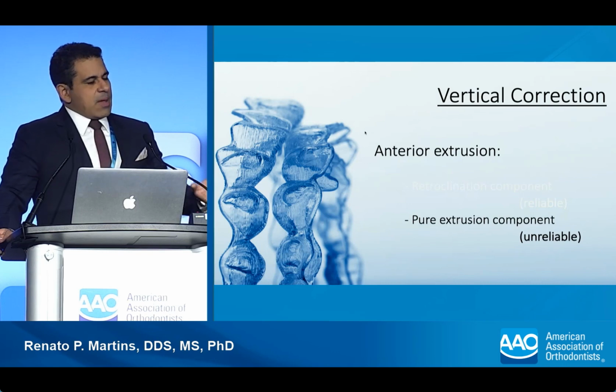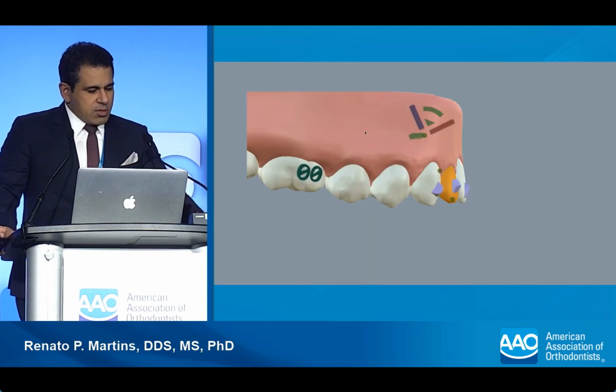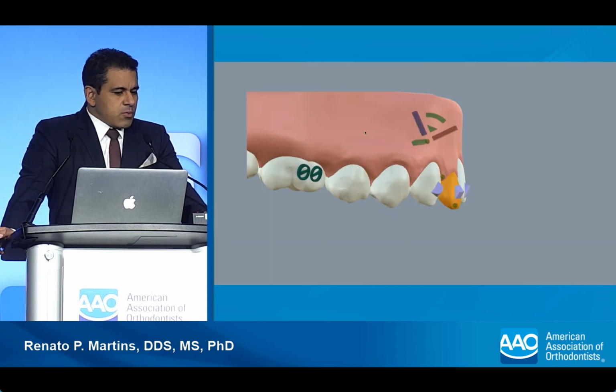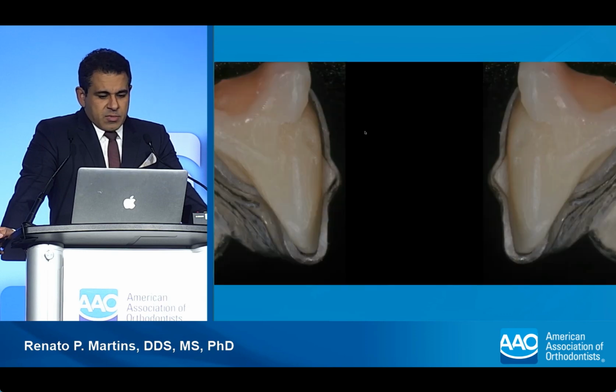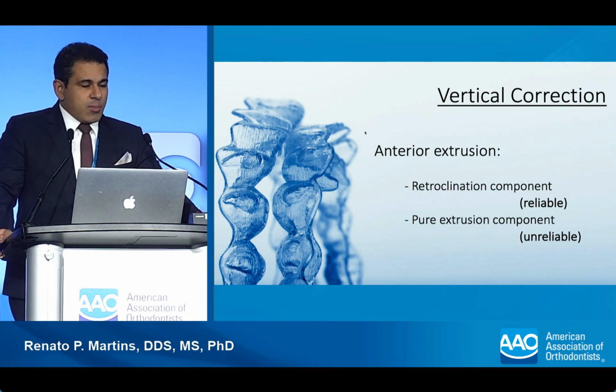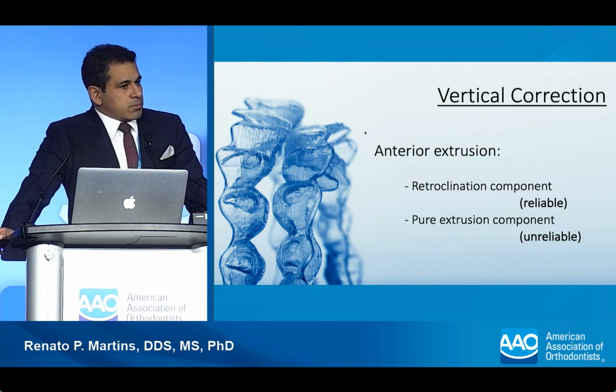And we need to separate it from pure extrusion, which is unreliable. So pure extrusion is very unreliable to get with aligners. And it's difficult because of the reasons I told you: attachment, direction of force, and the flexibility of the aligners. So you have two components, one which is reliable and one which is not reliable.